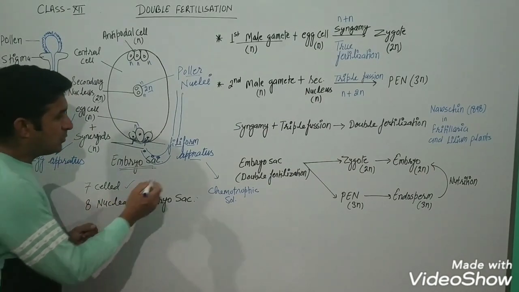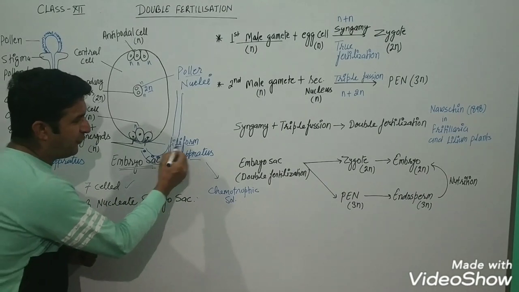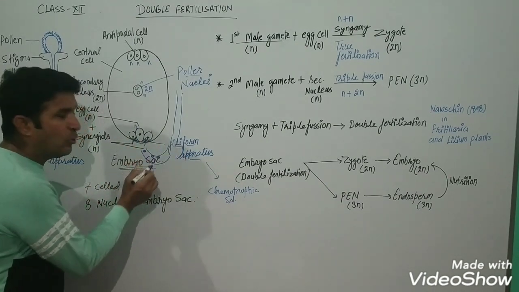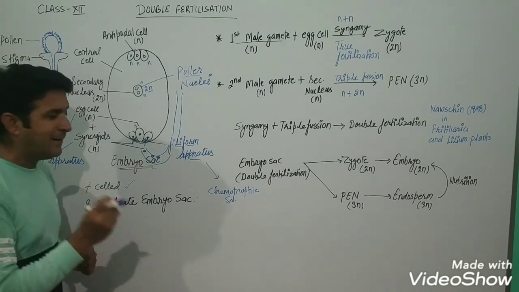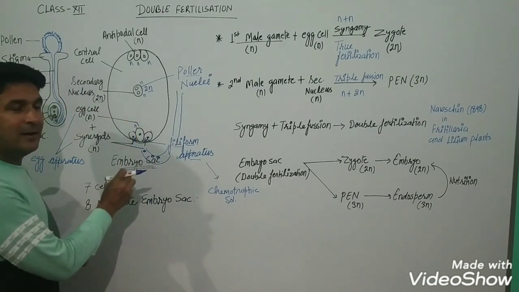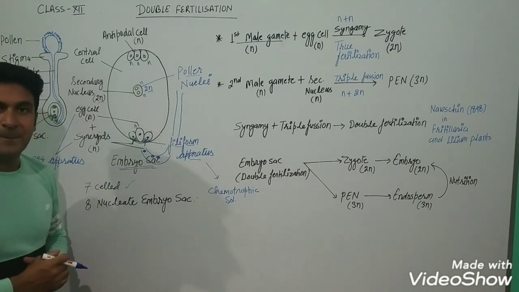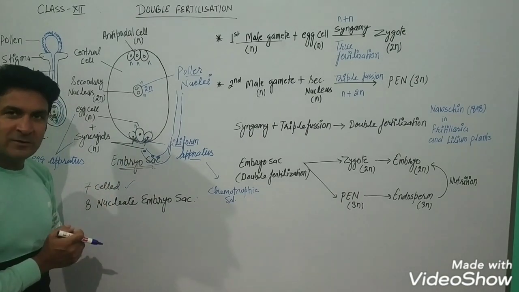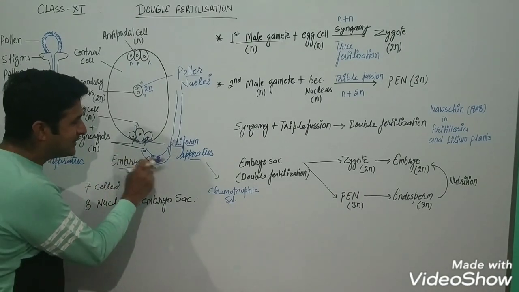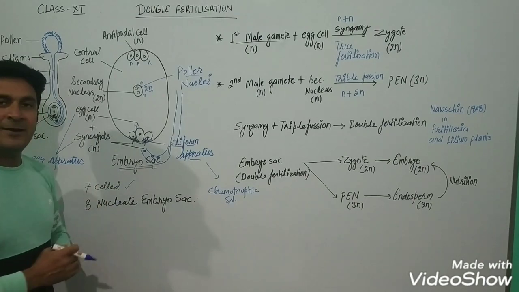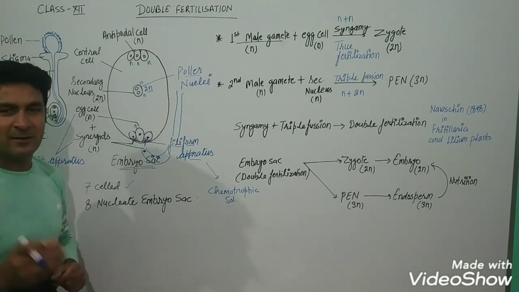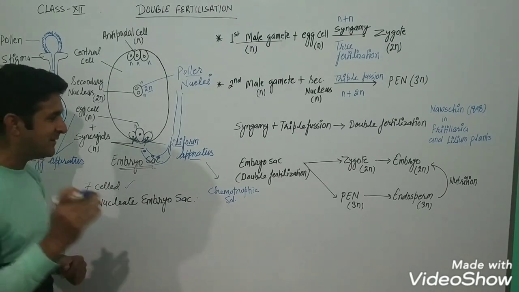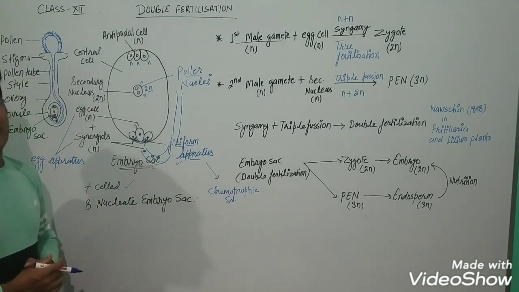So the second function of the filiform apparatus is that it guides these nuclei on how they have to go inside the embryo sac. So you got both functions. First, attract the pollen tube towards it, and second, guide the nuclei how they have to get entry inside the embryo sac and from where they have to get entry inside it. Whose two functions were these? Of the filiform apparatus.